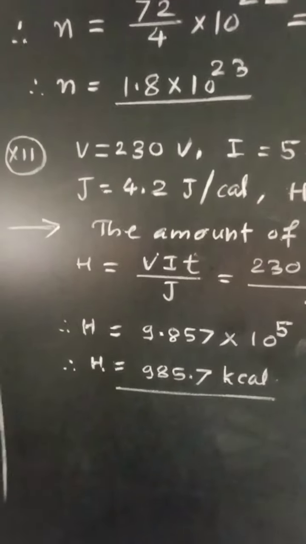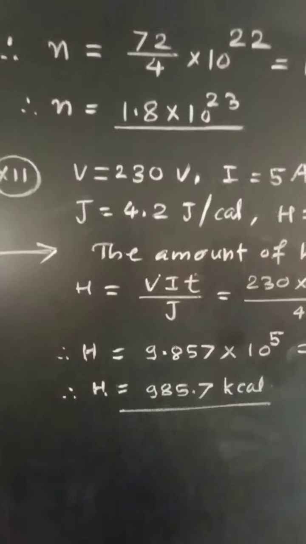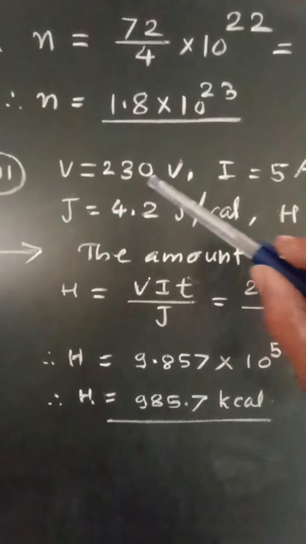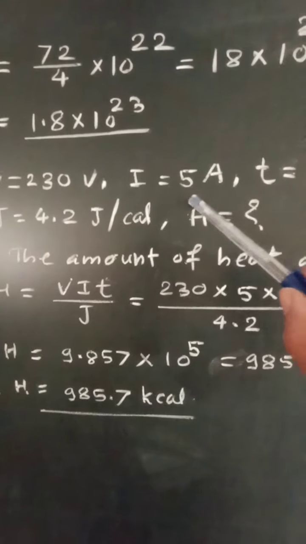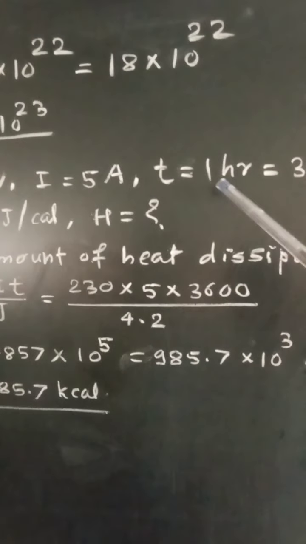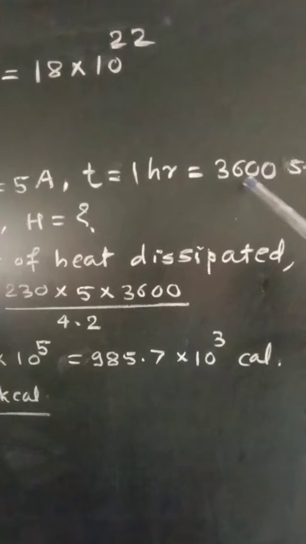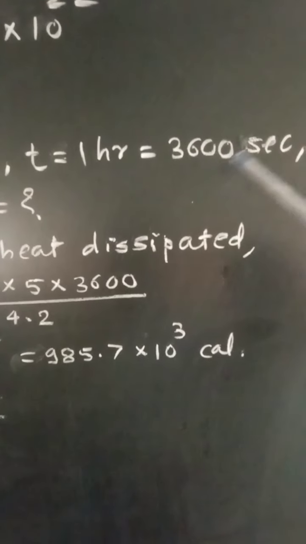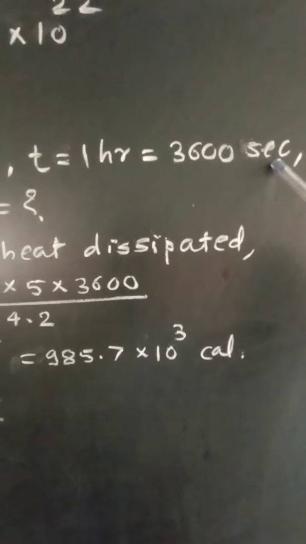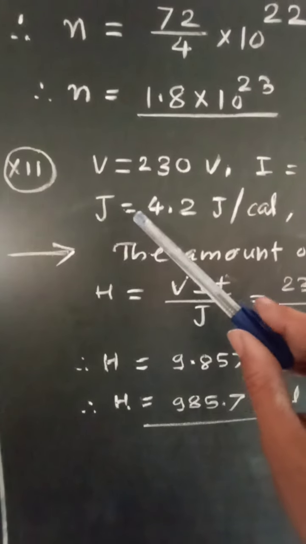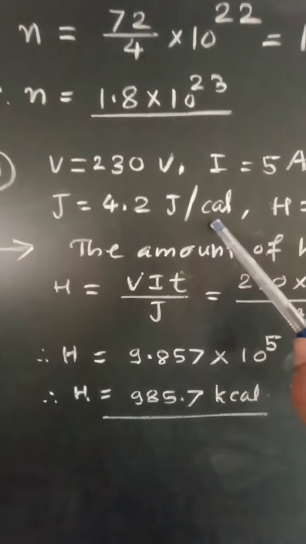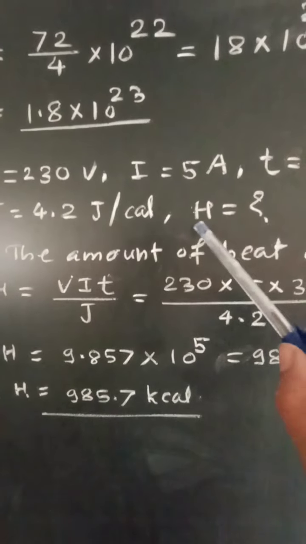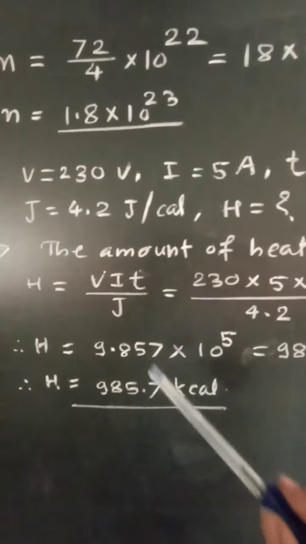Therefore the given data for this numerical is V equal to 230 volt, I is equal to 5 ampere, time t is equal to 1 hour, that will be equal to 3600 second. Then mechanical equivalent of heat J is given 4.2 joule per calorie, and we have to find out the heat dissipated H.